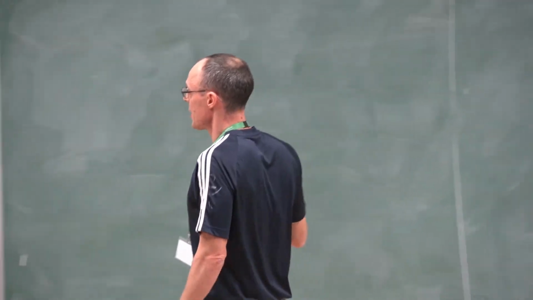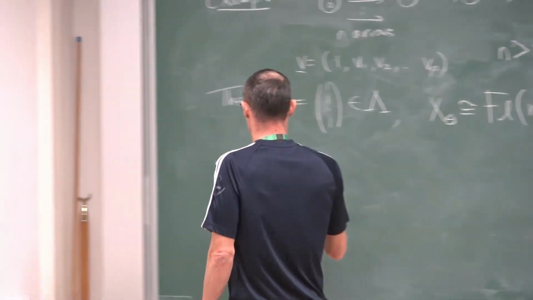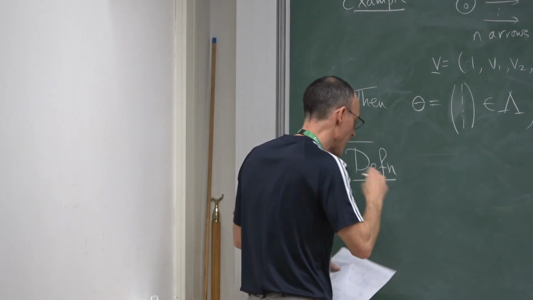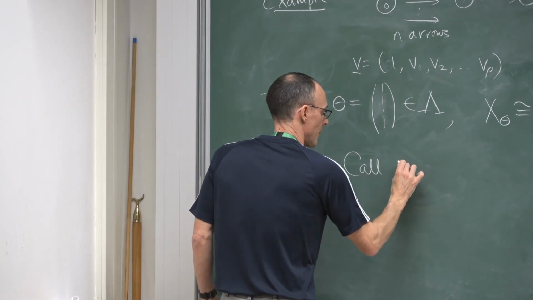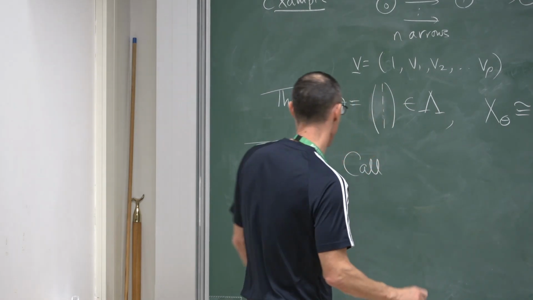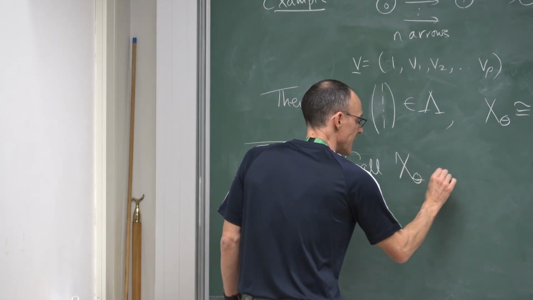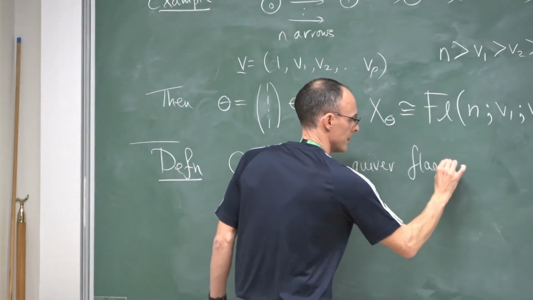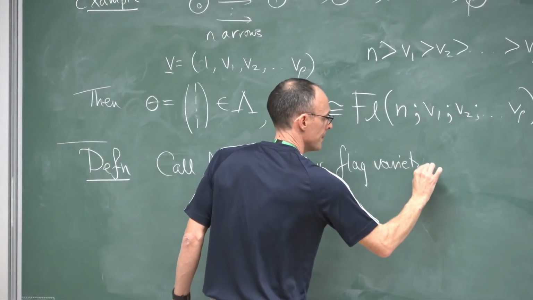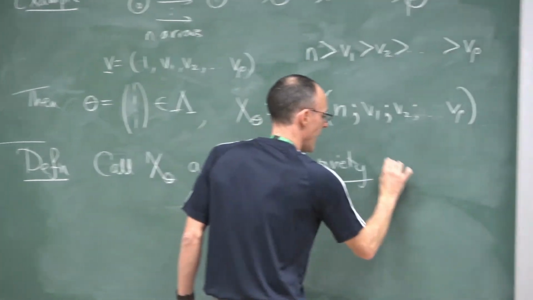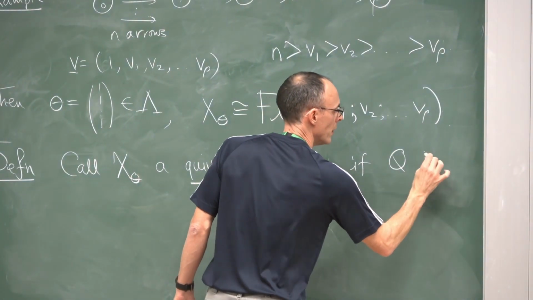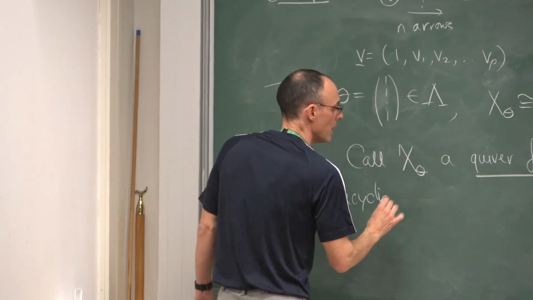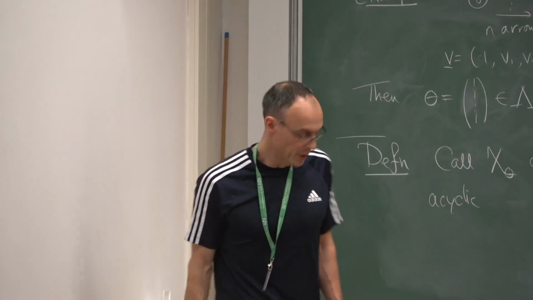And so the definition, this is terminology really. So definition, I'm going to call x theta a quiver flag variety if Q, the quiver, is connected, I want it to be acyclic, so no non-trivial cycles.